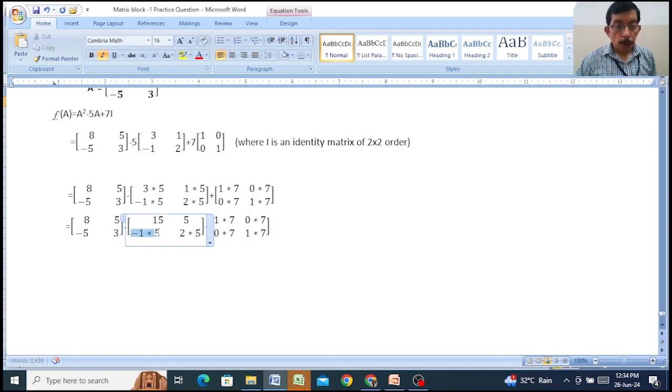Minus 1 into 5 is minus 5, note down in the same position. 2 fives are 10, note down 10 in the same position. 1 into 7 is 7, note down 7 in the same position. 0 into 7 is 0, note down in the same position. 0 into 7 is 0, note down in the same position. 1 into 7 is 7, note down in the same position.